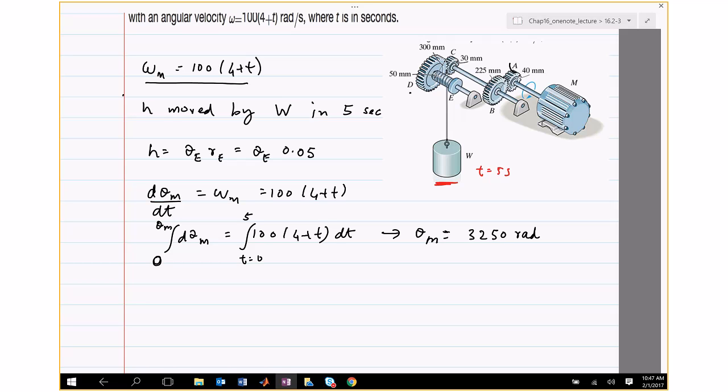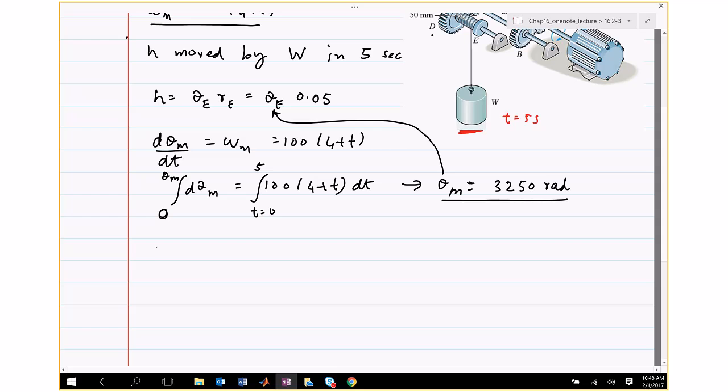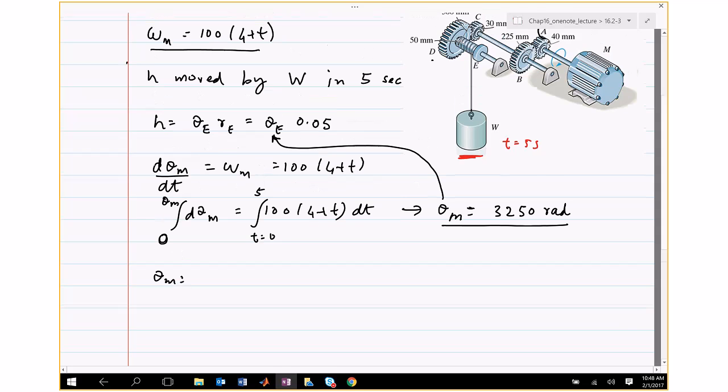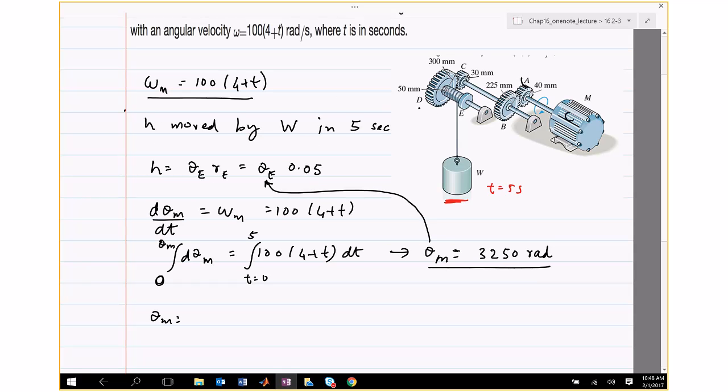Now I have this. My goal is to use it to find theta E. Once I find theta E, I can find h. I'm going to use the fact that M is connected to E through a series of gears. Theta M is the angle turned by M. It's going to be the same as the angle turned by A, because it's the same shaft.